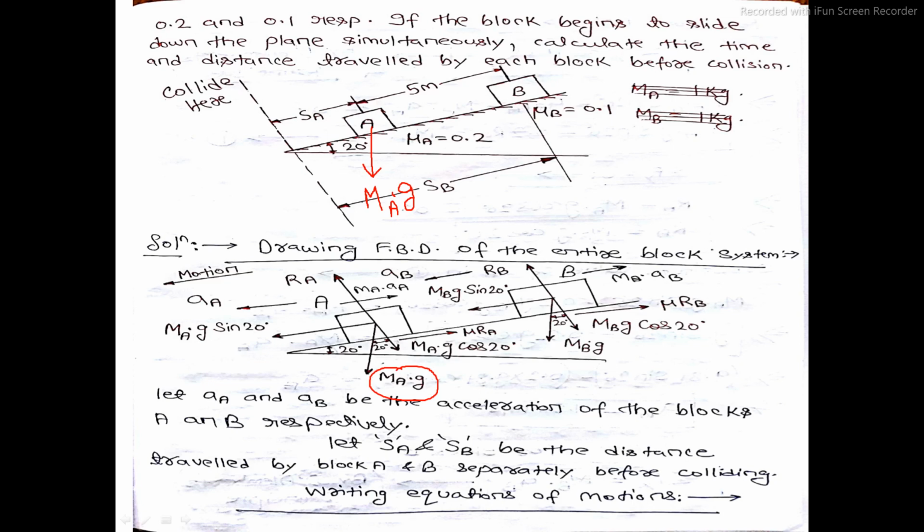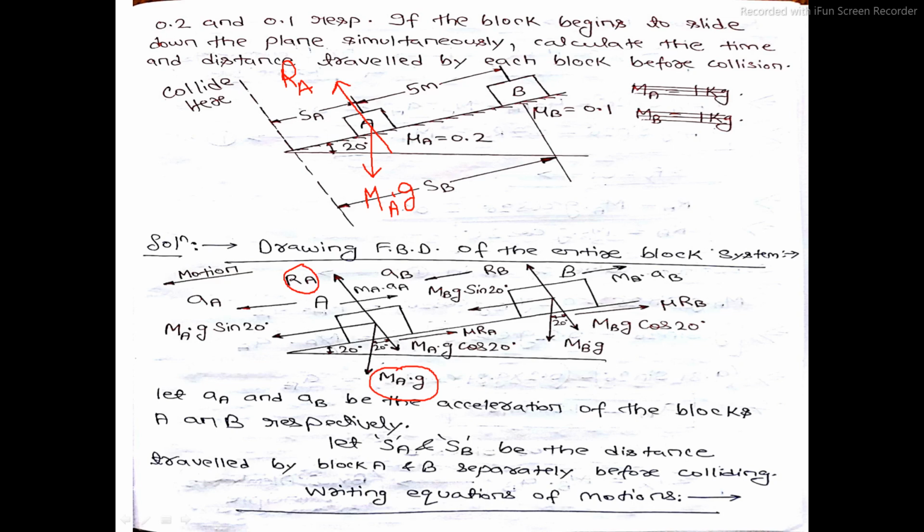So this inclined plane will give a reaction to this block A in the vertically opposite direction. This is the reaction force that the inclined plane surface will provide to block A. Let that reaction force be denoted by the symbol RA.